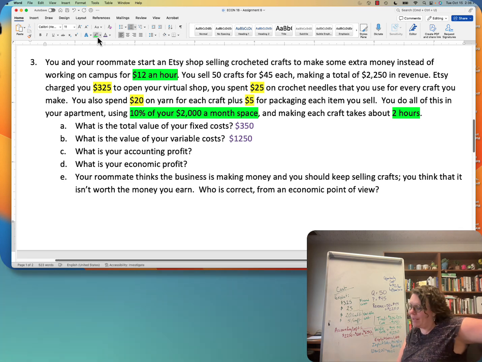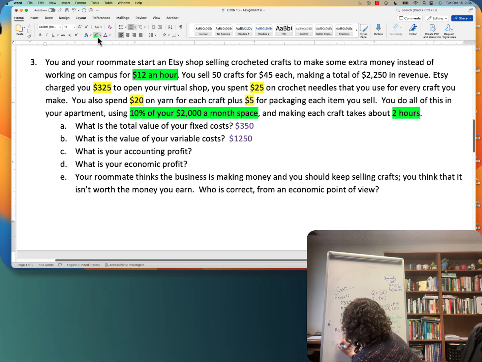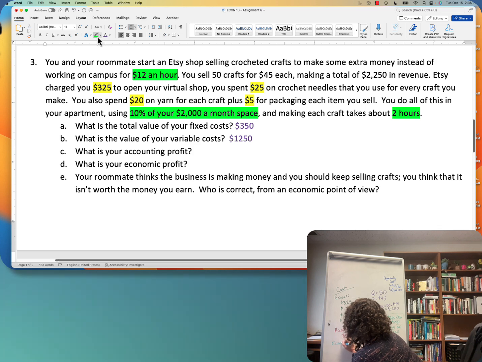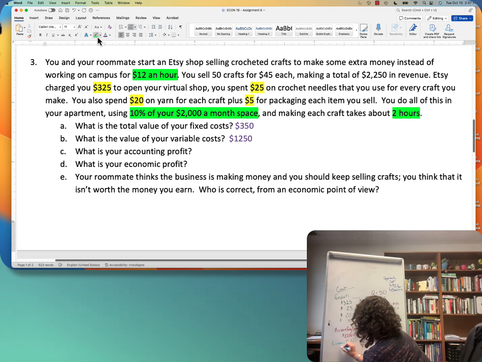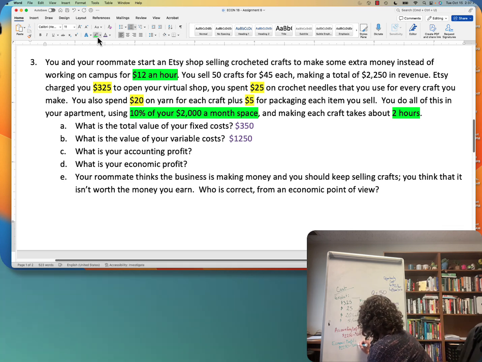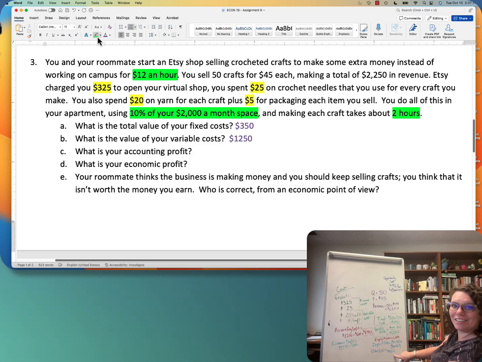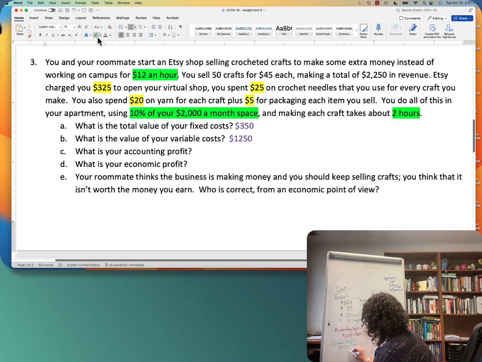So if I want to come back up here and calculate my economic profit, it's going to be revenue of $2,250 minus explicit costs of $1,600 minus implicit costs of $1,400, giving me a total economic profit of negative $750.